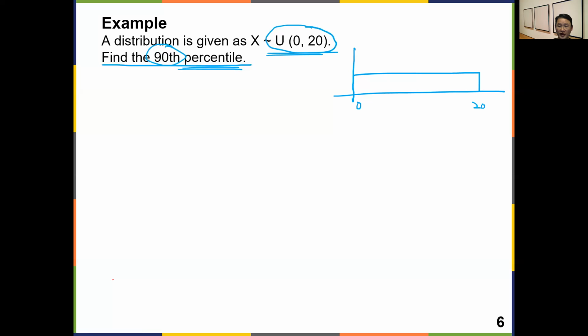They want to find the 90th percentile. That means they want this number right here. They will give me this proportion as the 90th percentile, which means this area is going to be 0.9.